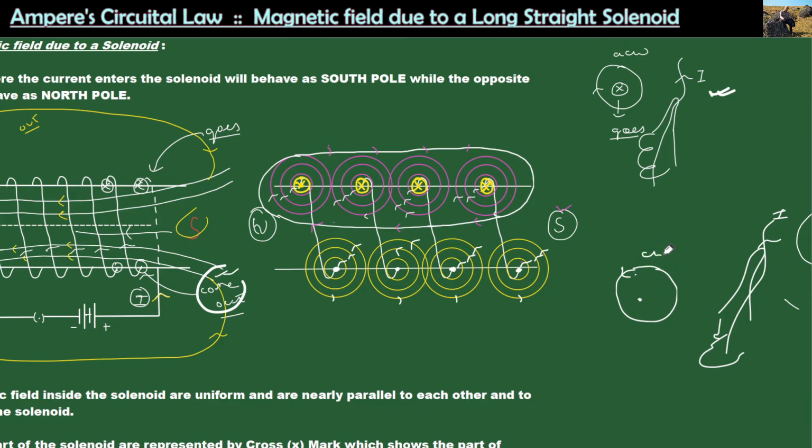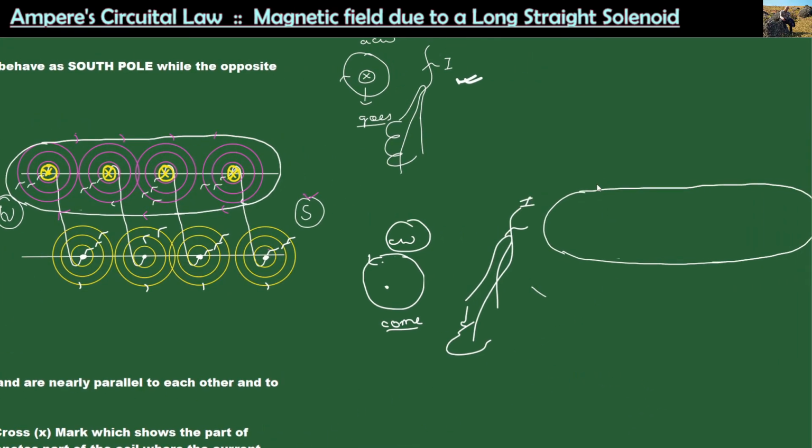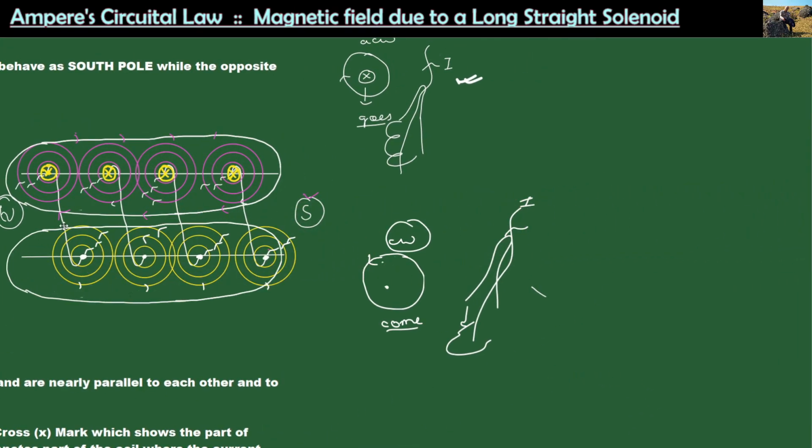So from here, if the current comes out of the solenoid, the direction of your magnetic field will be in the clockwise direction. Then I will take this and place it over here.